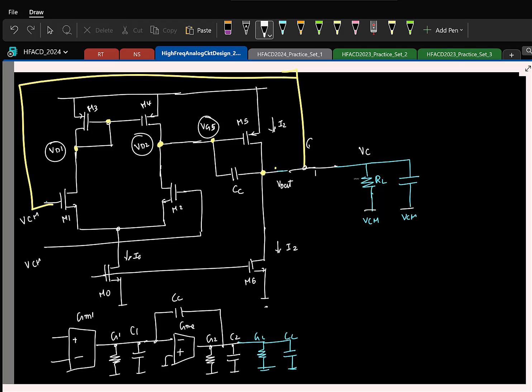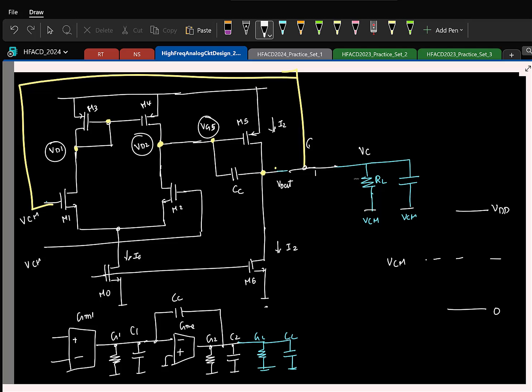And see, this VCM, what is the range of voltages, right? You can calculate. You can have a range of voltages so that all the transistors remain in saturation. But typically, let us say the supply is from 0 to VDD, and your small signal is going to swing over and above the VCM.